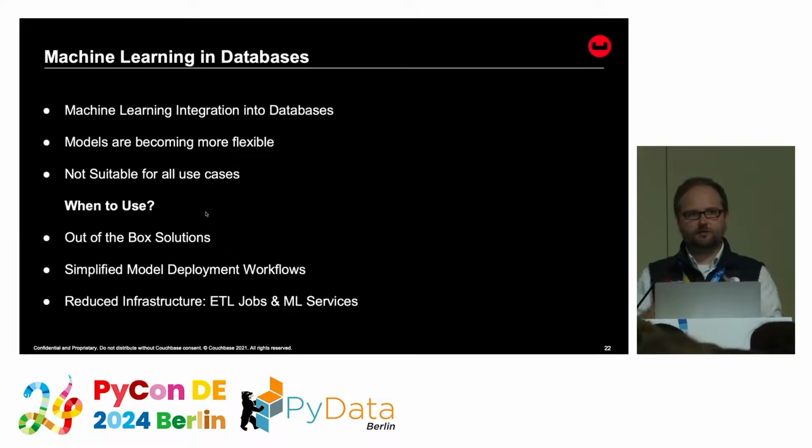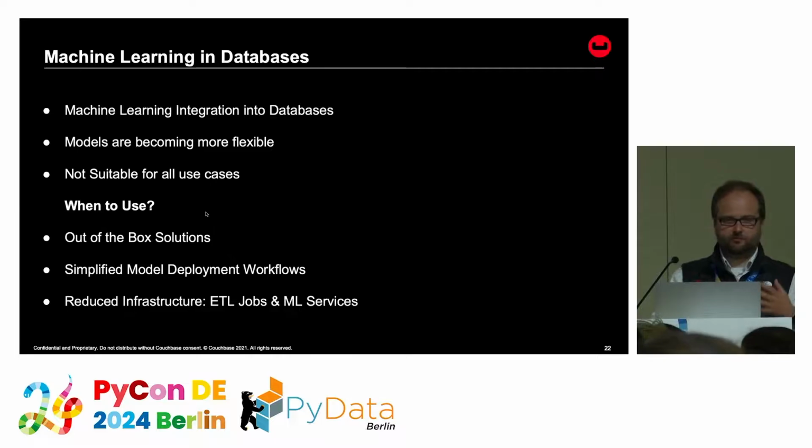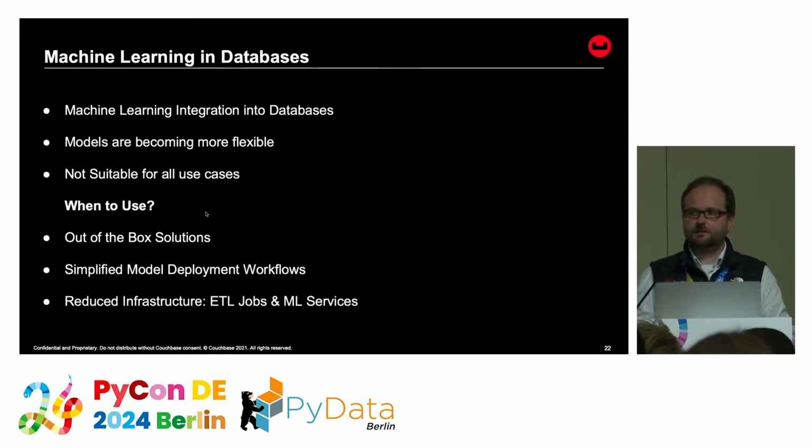You can just start using it and experimenting with it. It's simplified deployment because, well, you don't need any extra microservices. You don't need to build anything extra. You can have it inside. And no ETL jobs, which need to be created and maintained, and also your data model and data consistency, not a problem here.